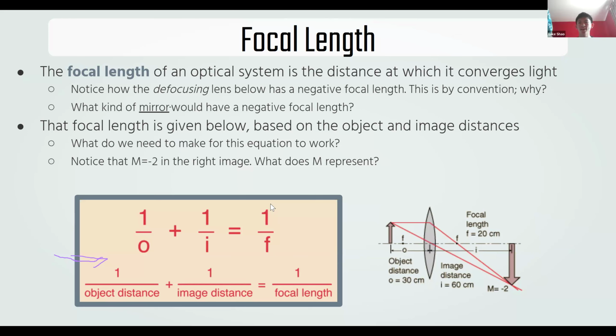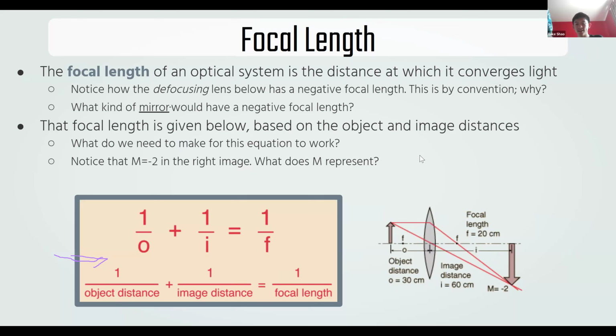So when you look at an object, think of a microscope. When you turn the magnification to 500 times, what does that do to your image as you see it? What does 500 times mean? Exactly, it's 500 times bigger.